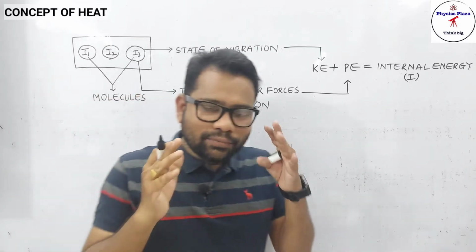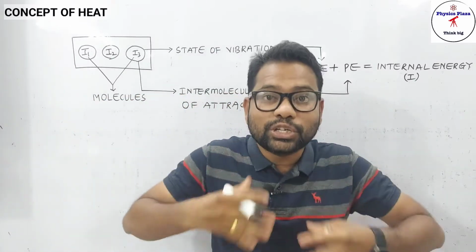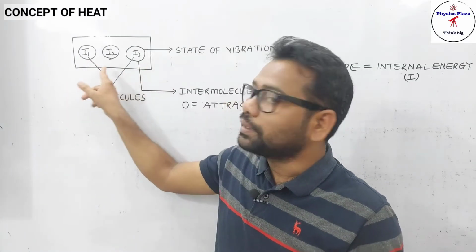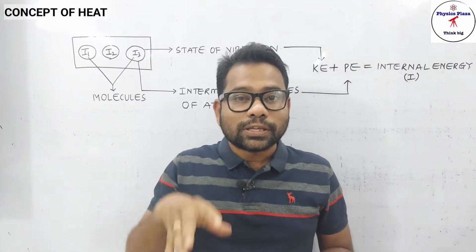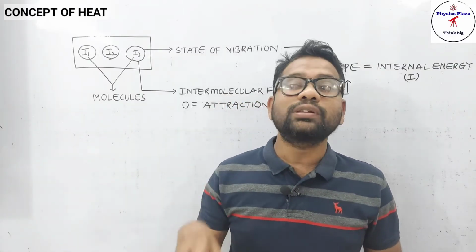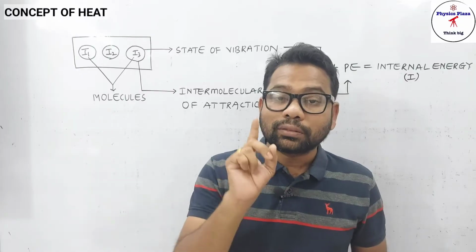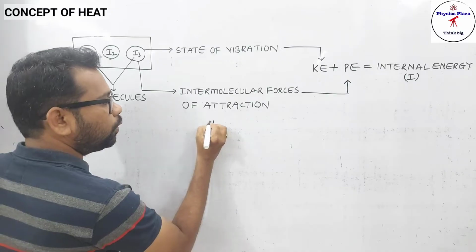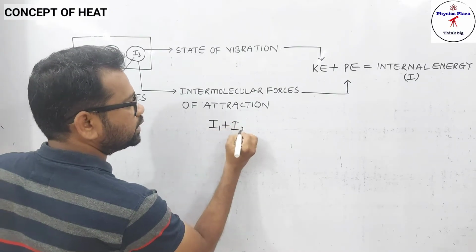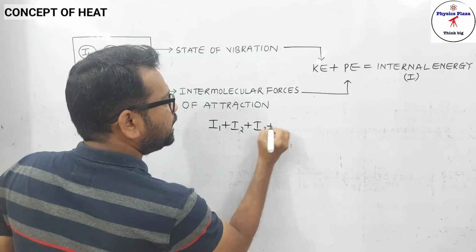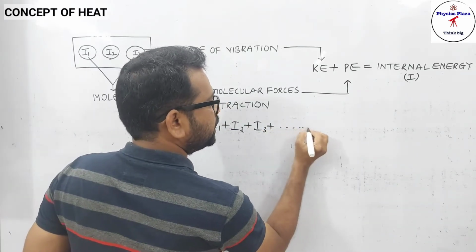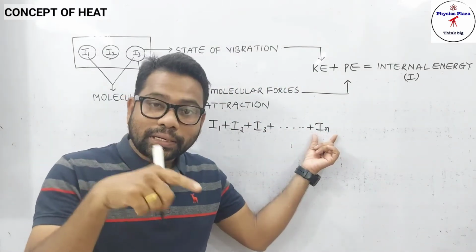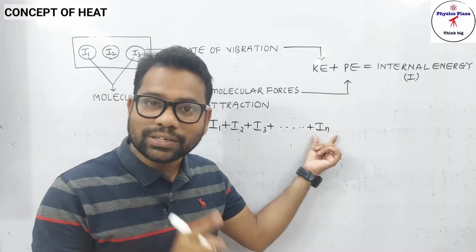Now children, can we get the total internal energy of the substance? Yes, we can. How? By adding all these internal energies. The sum of the internal energies of the molecules of a substance is called thermal energy. This is very important. If there are n number of molecules in a substance, then there will be n internal energies, up to In, the internal energy of the nth molecule.